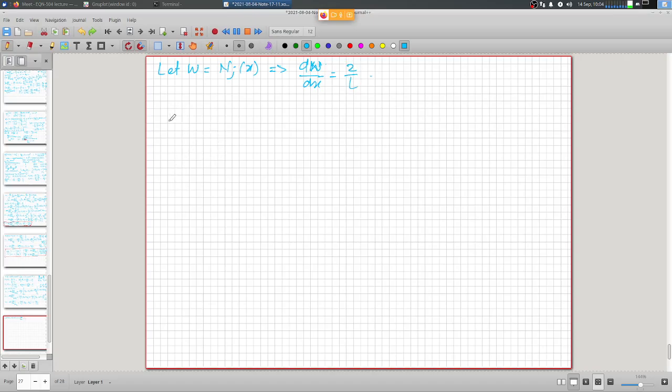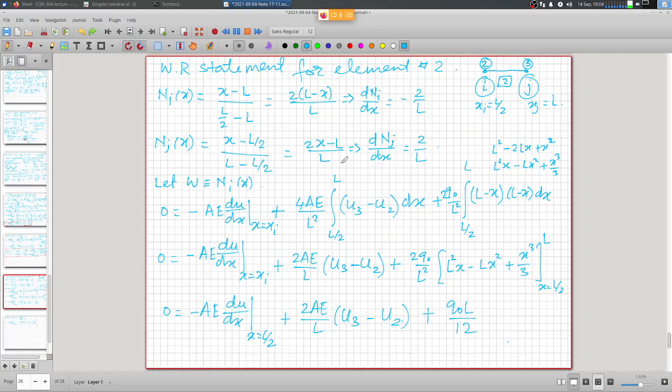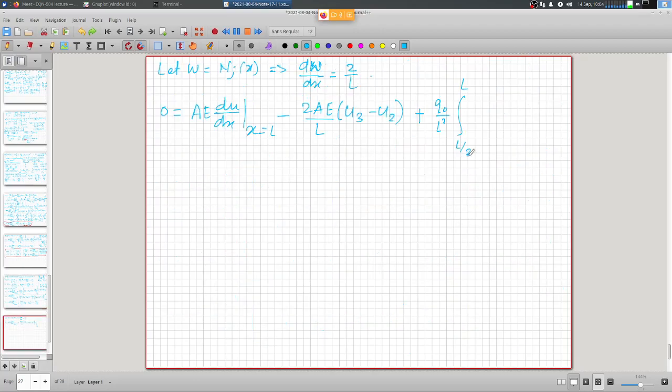So the other equation would be of course identical. We will have AE du by dx at x equal to L minus twice AE by L multiplied by u3 minus u2, and there would be only this term, Q naught by L squared, integral L by 2 to L. This one would be Nj here, which is 2x minus L, multiplied by L minus x dx.